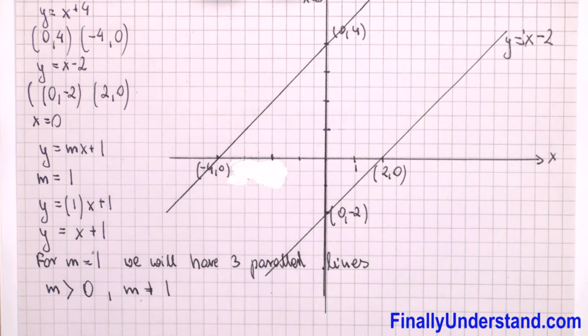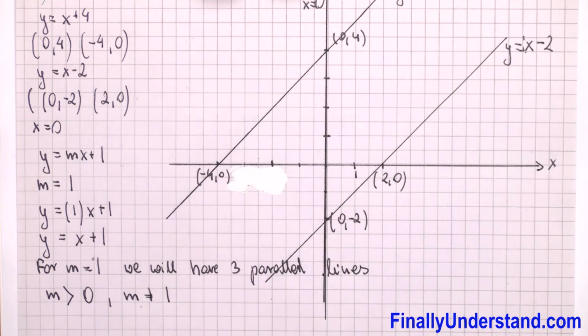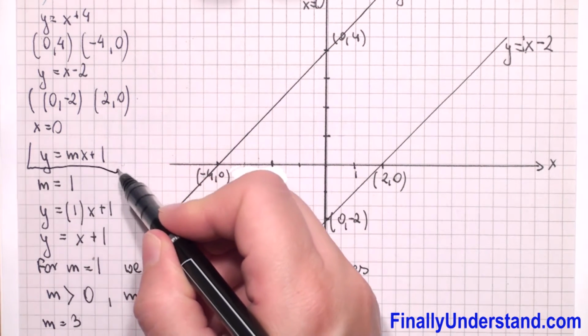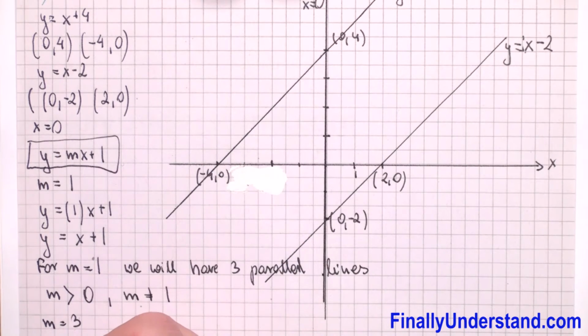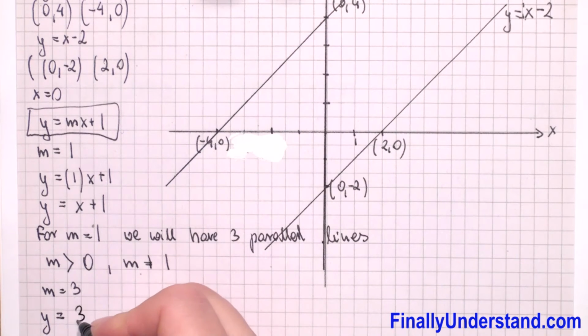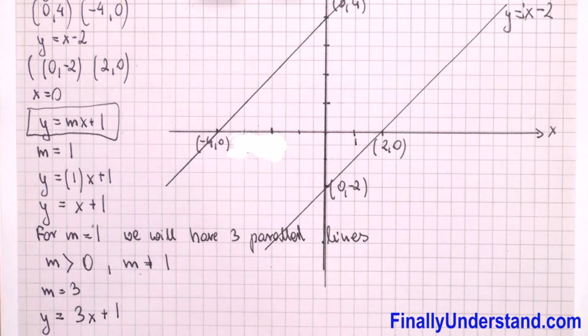So we will choose, for example, m is equal 3. So our line will be y equals 3x plus 1.